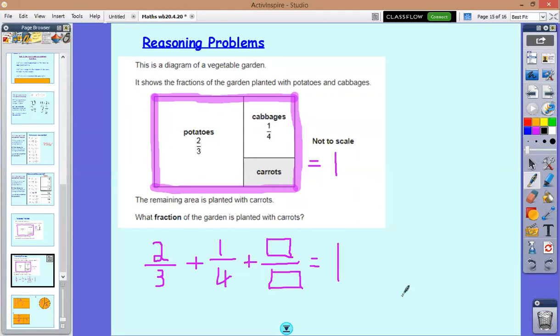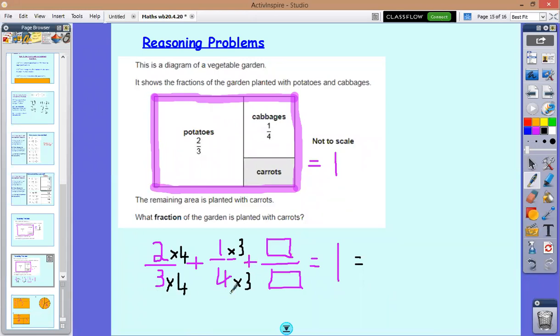Now, I'm going to pause it here for you because actually now we need to find the common denominator between these ones to solve it. And then we need to find out what the missing fraction is going to be. So just pause the video and have a little go at that one. So I've just started working this out for you to help you.